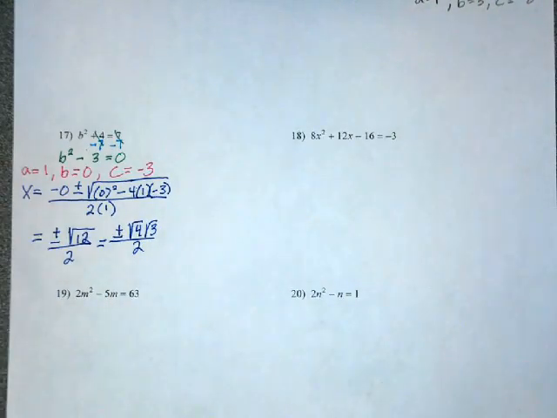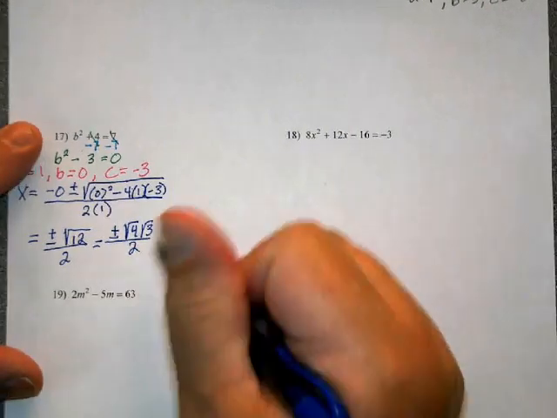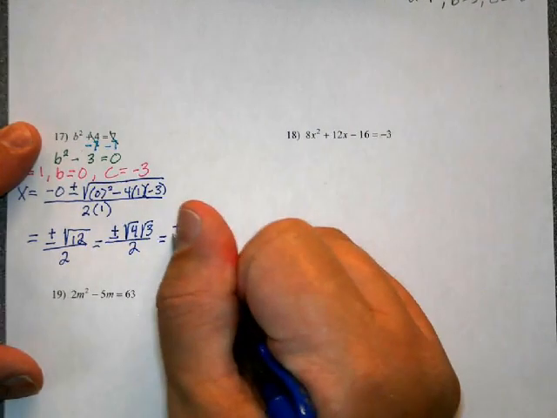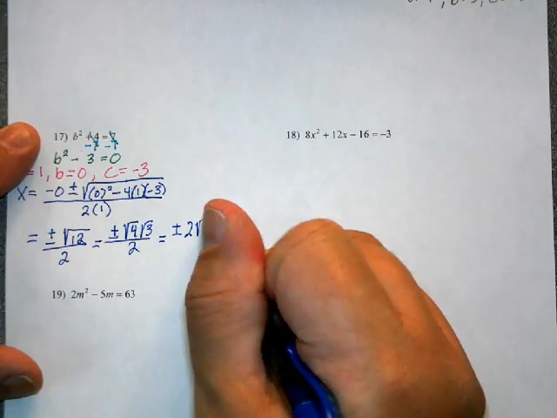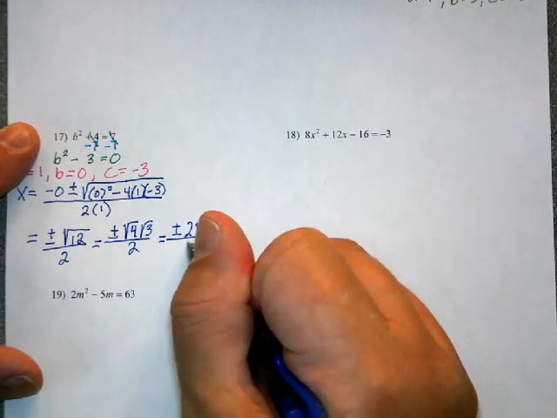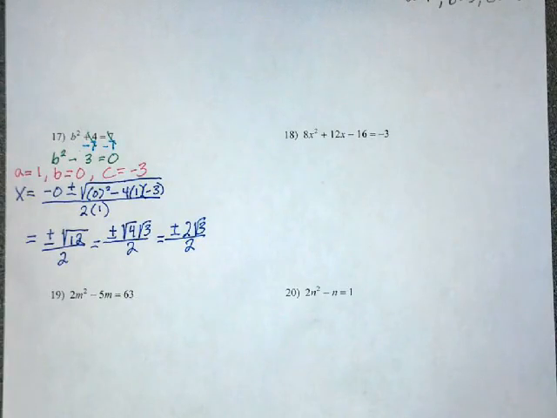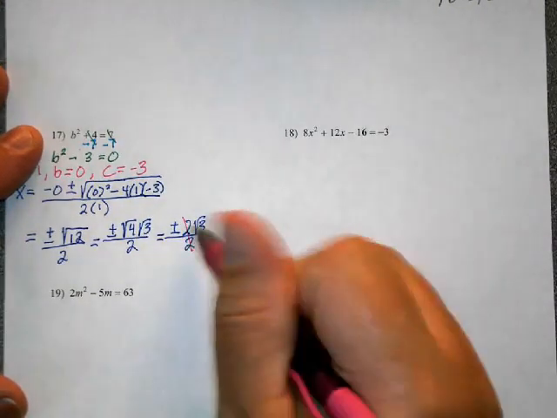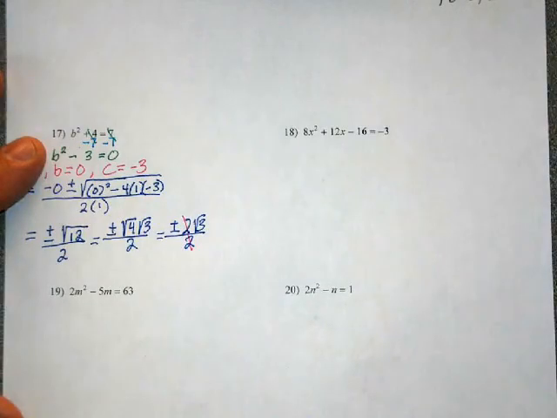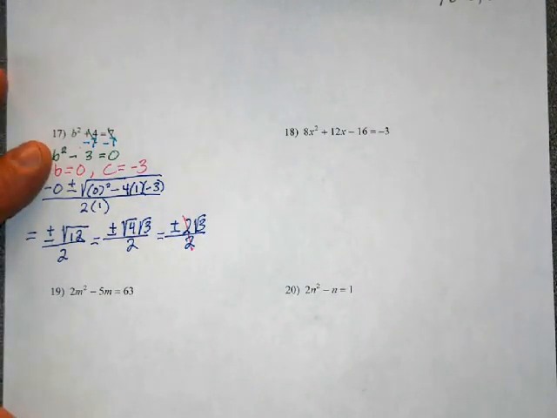So I have plus or minus, the square root of 4 is 2, square root of 3, all divided by 2. And what happens to the 2's? Yeah, they can cancel out because I only have one term on each, right? One on the numerator and one term in the denominator. So my answer is? Plus or minus square root. Yep.